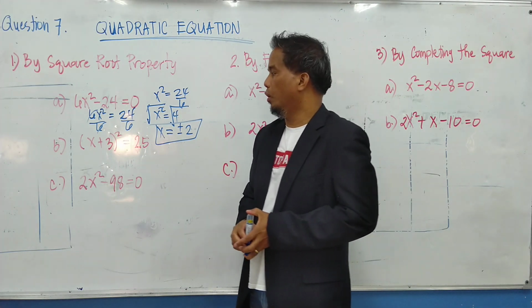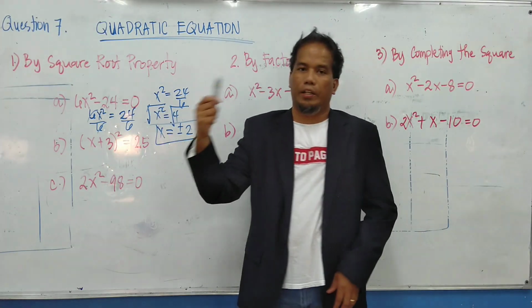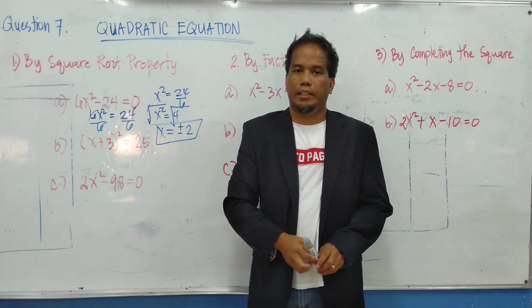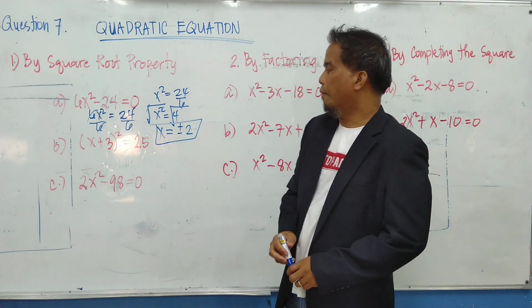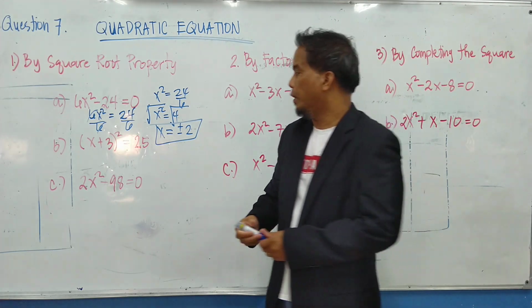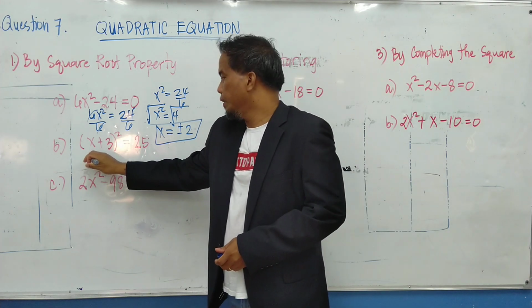Okay, let's proceed to letter B. Quantity x plus 3 squared equals 25. In this case, you are going to apply the square root property to remove the exponent 2. So this is the solution.